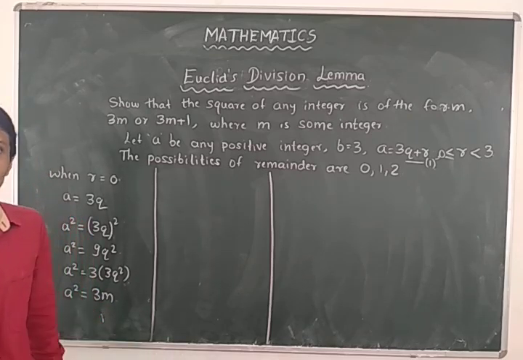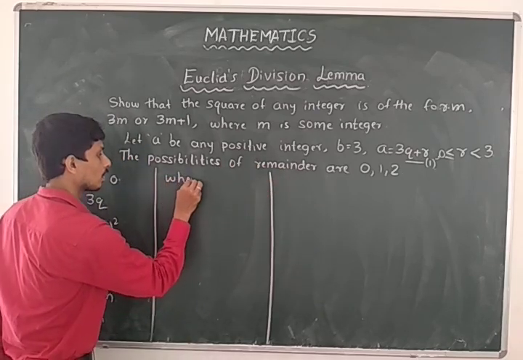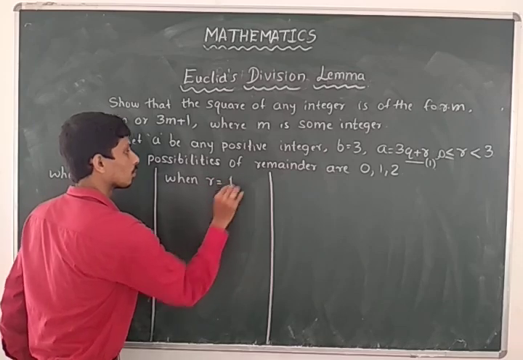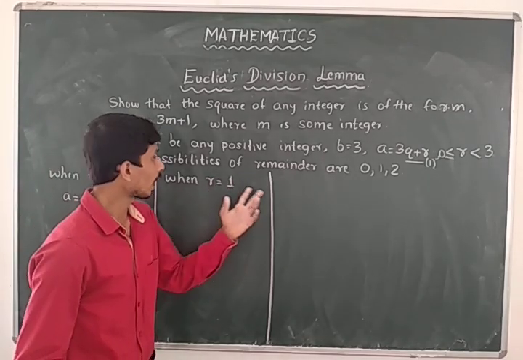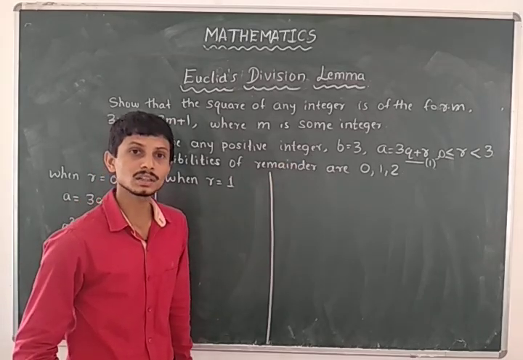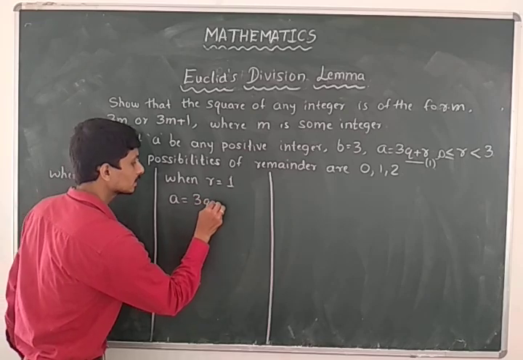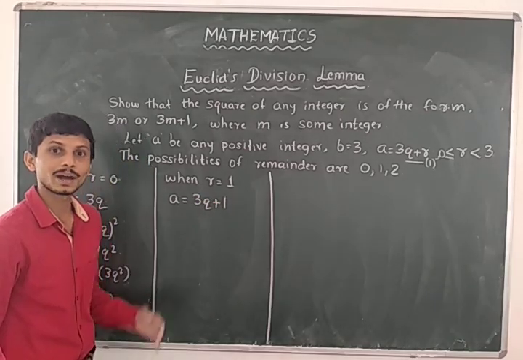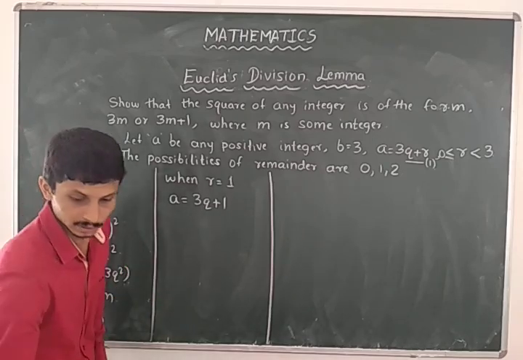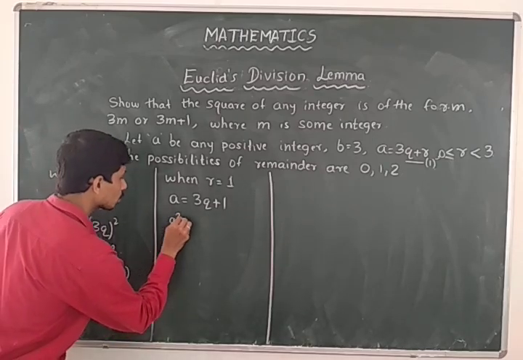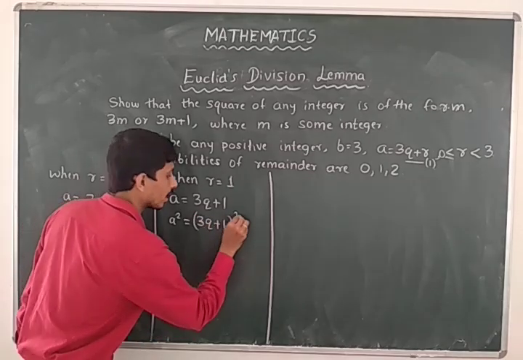So let us check by taking r is equal to 1. When r is equal to 1, let us put r is equal to 1 into equation 1. So a is equal to 3q plus 1. We have to square that number by squaring both sides. a square is equal to 3q plus 1 whole square.